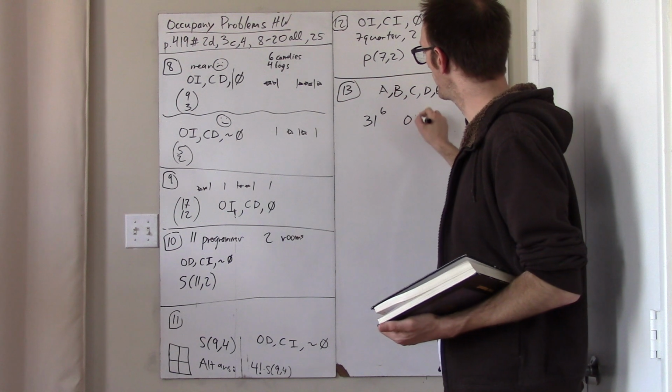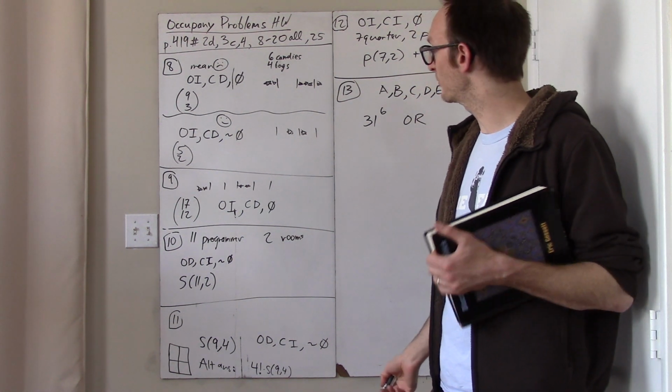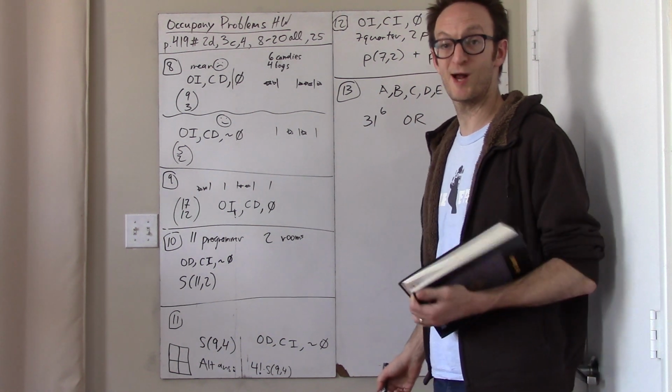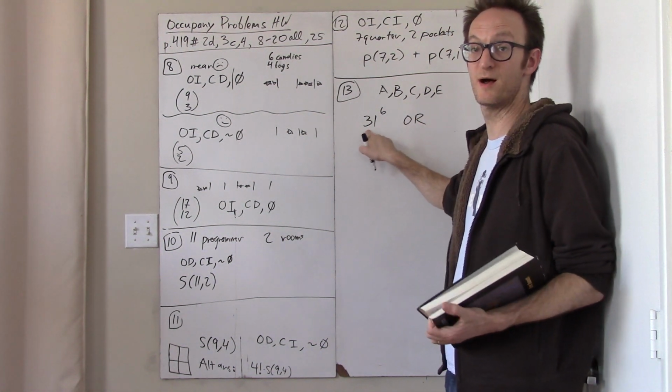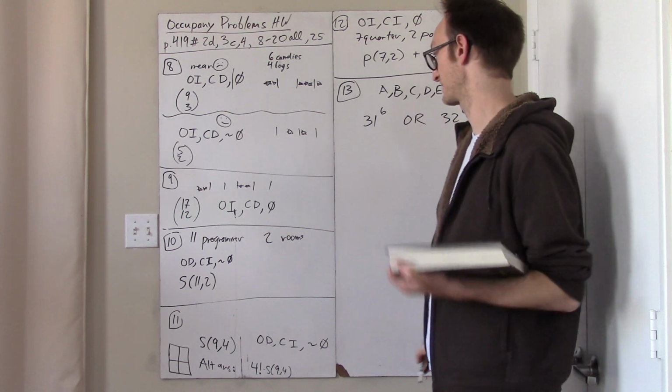And if you want to include the possibility that a student just doesn't answer any of their emails or go on Canvas and doesn't submit any work at all, then now you're including the option of the empty subset. So that would be 32 to the 6th possibilities.